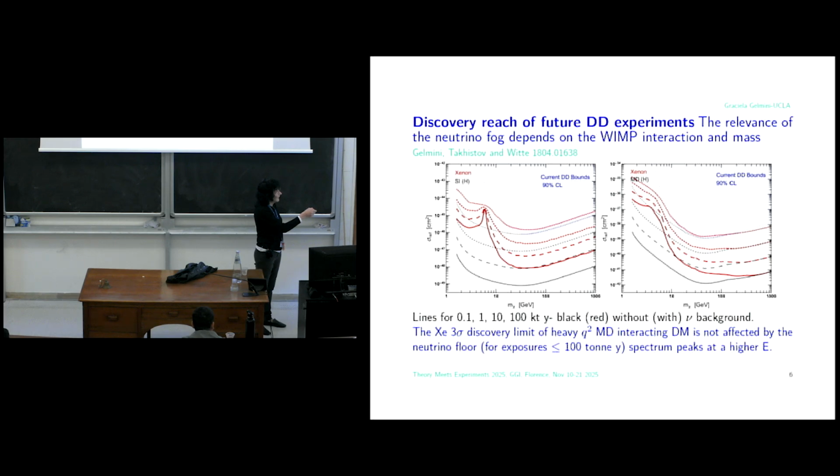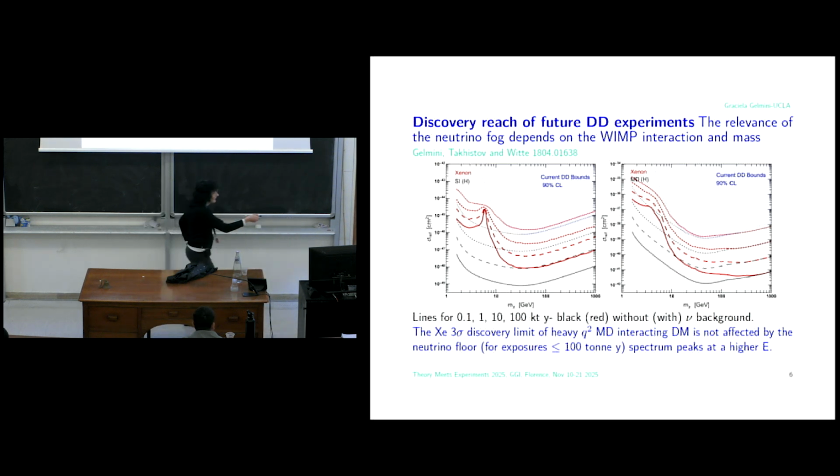And then in the same line type, dotted little trays, little bigger trays, and then solid. Same thing, same order. The red one is with the neutrino background.